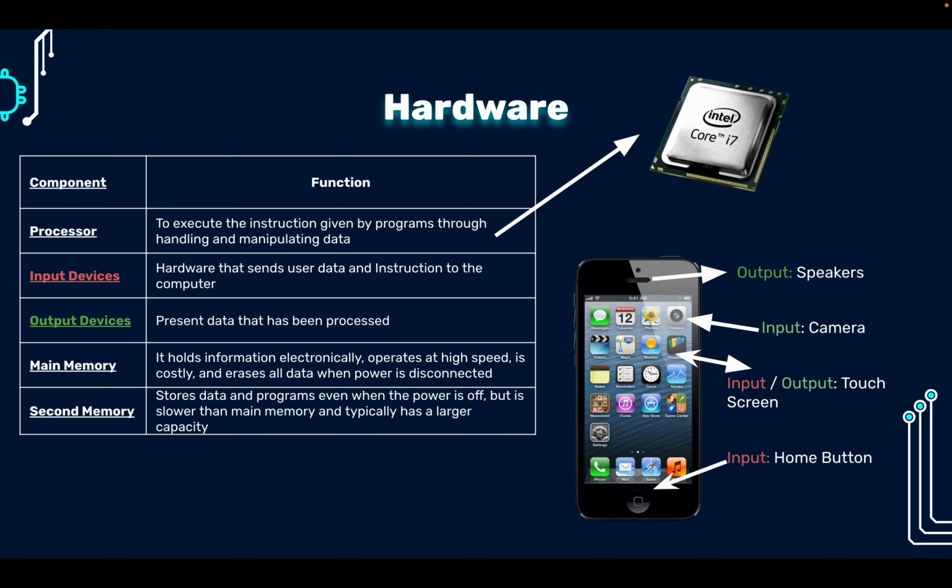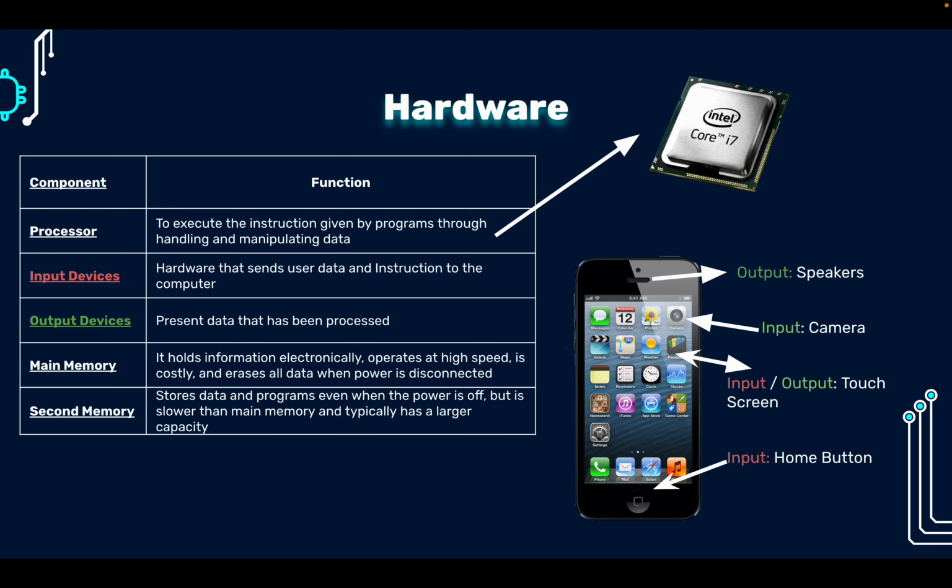For example, the speaker is an output device that outputs data as sound, and the camera is an input device that captures images and stores the information on the phone.